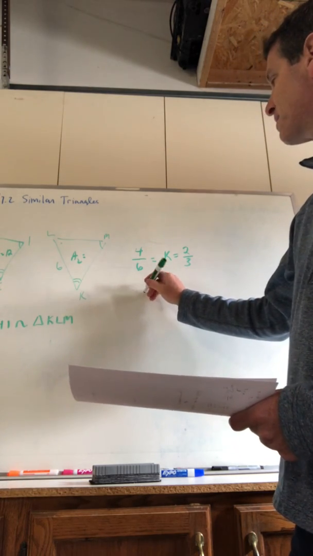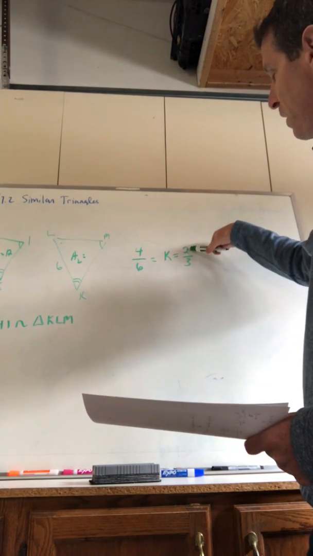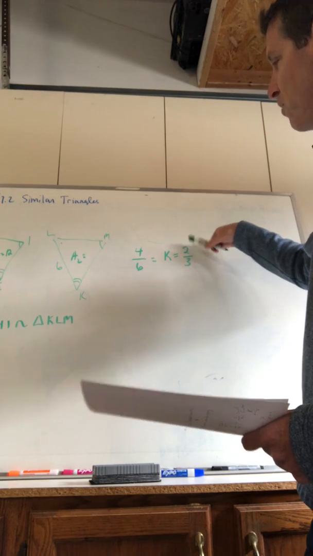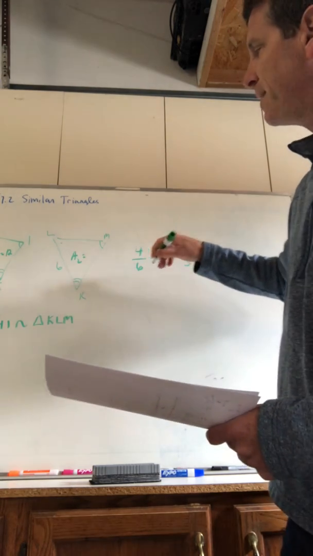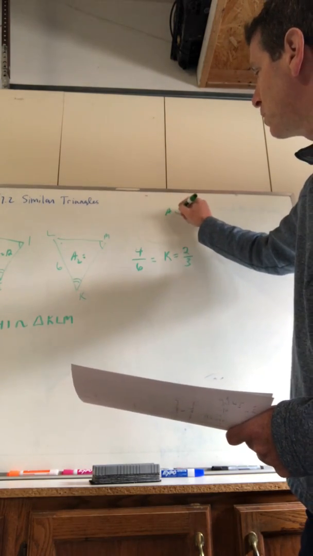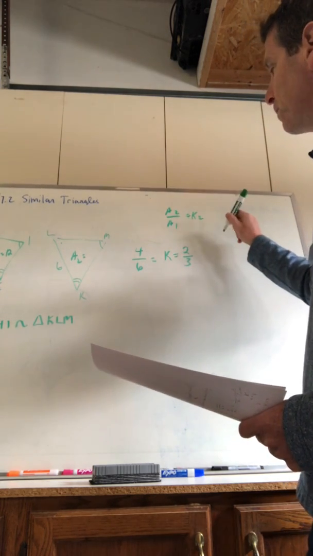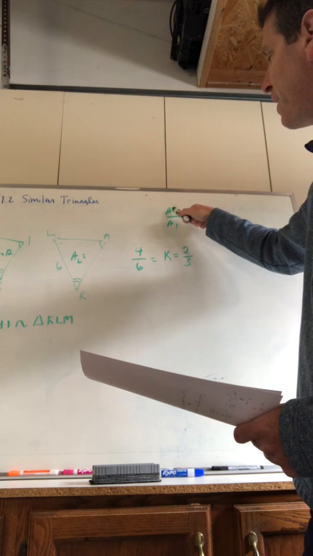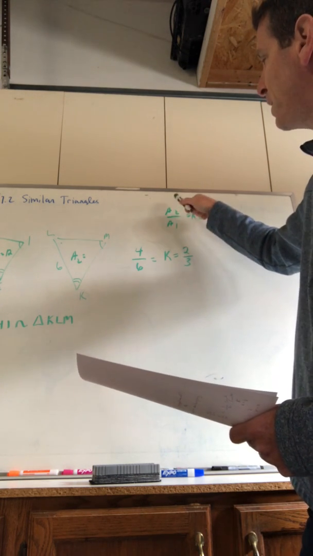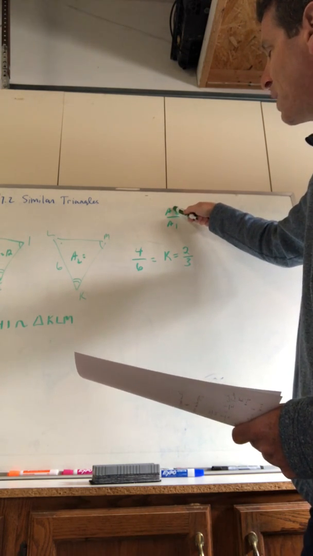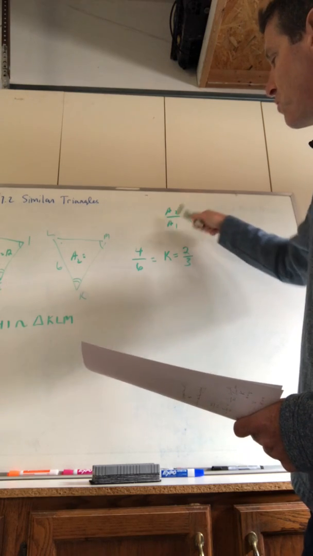In the last question we did, I wrote A2 divided by A1 equals k squared, because we had a scale factor of 2/1. The second triangle was twice the size of the first triangle.